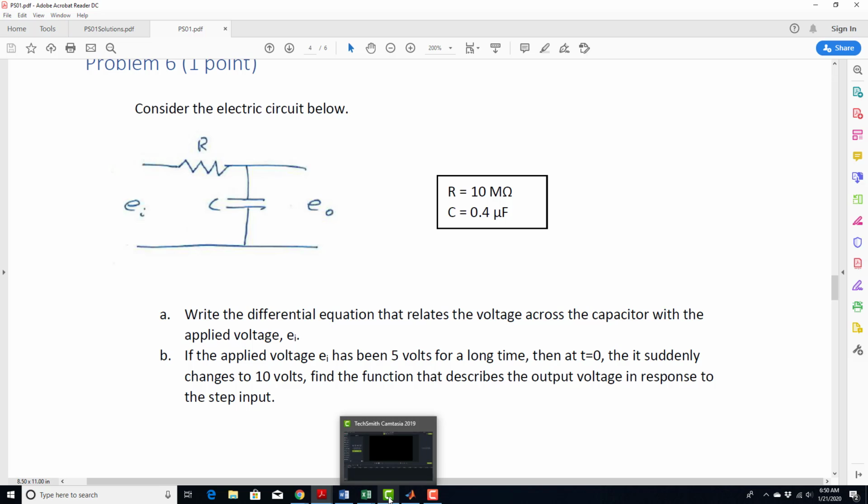So hopefully you got those answers, and you're starting to see the consistency between the various types of systems, the various physical realms in which we'll be modeling.